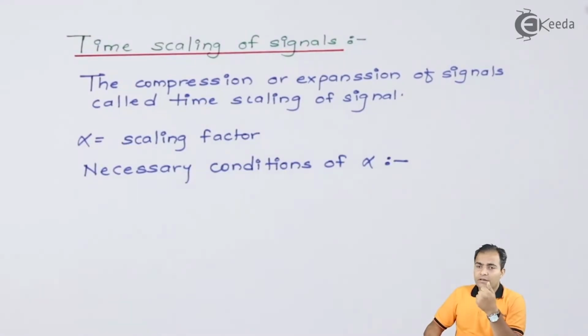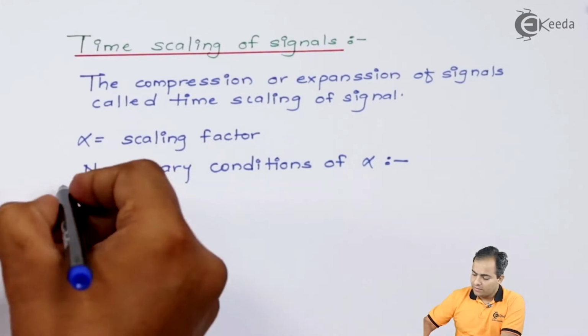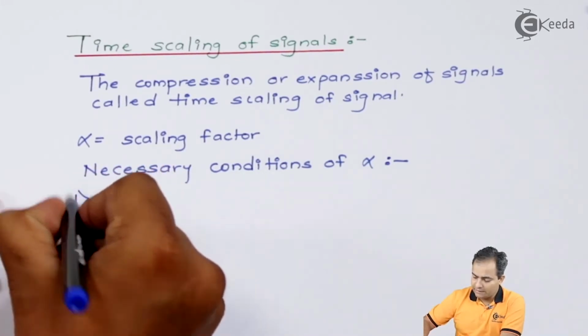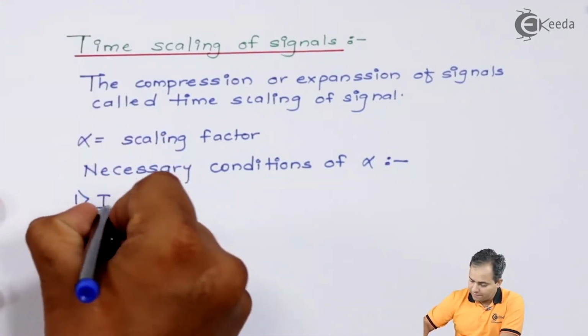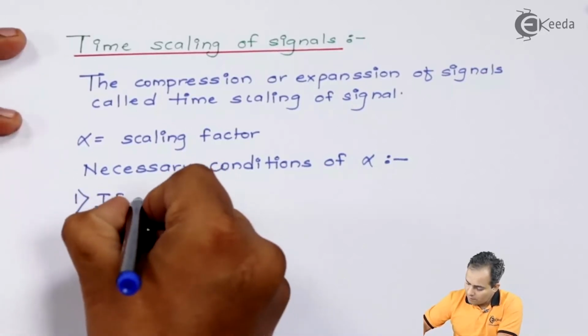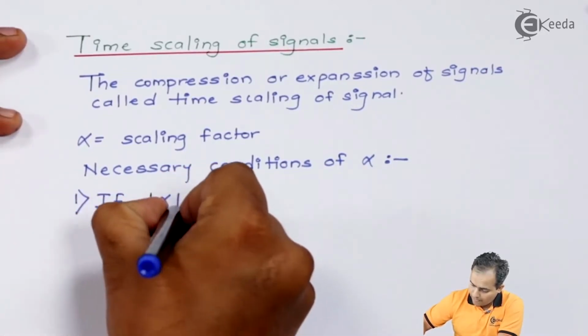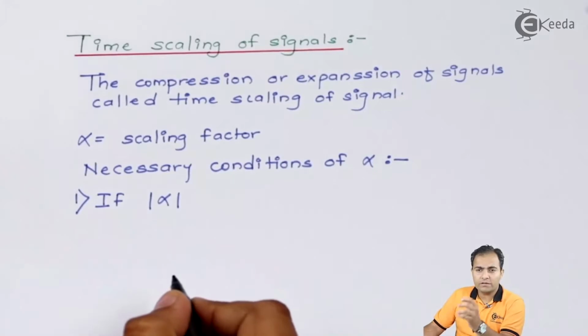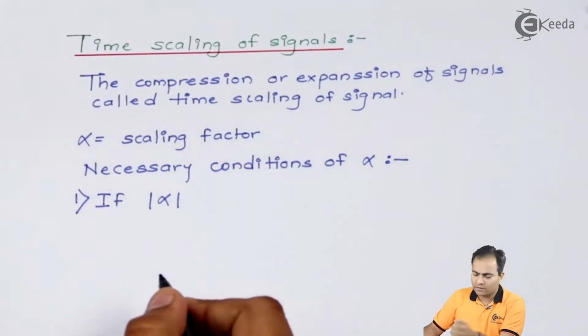Important, just listen. Necessary conditions for alpha. The first condition is, if mod of alpha... Why have I written mod? Because negative values may come, that's why.